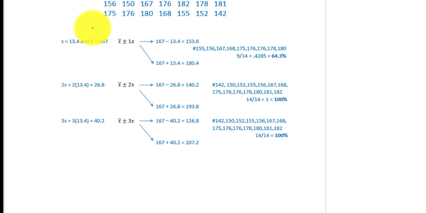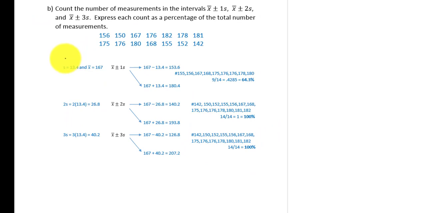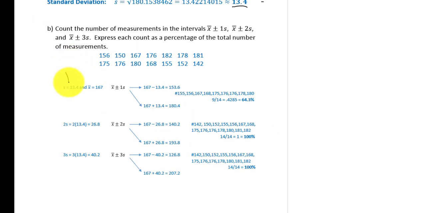We have the data set written again, and just as a reminder, the standard deviation is 13.4, the mean is 167. So to be within 1 standard deviation of the mean, below the mean I am subtracting the standard deviation. Above the mean I'm adding 1 standard deviation.